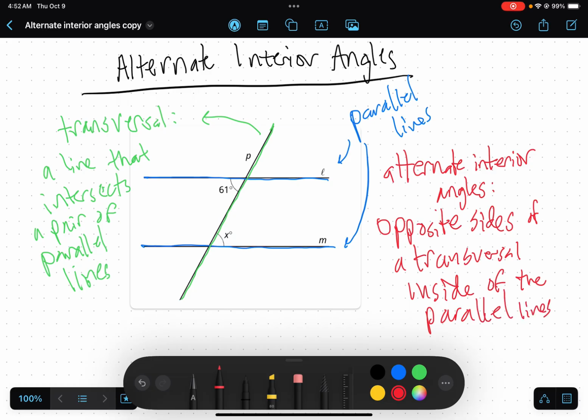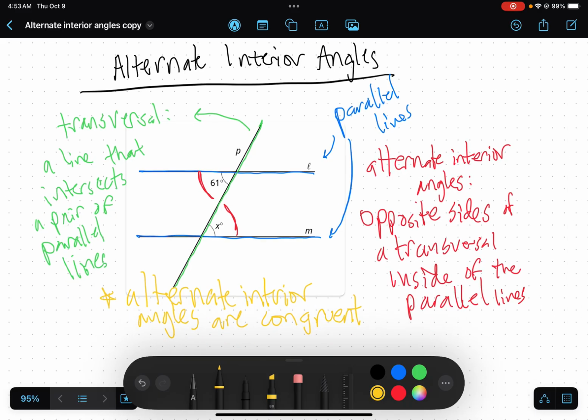So the angles that we're talking about here are going to be these two little angles. And they're going to be congruent. So when we have parallel lines, the alternate interior angles are congruent. So that's the key information that we need to use today to solve some angle relationship problems.